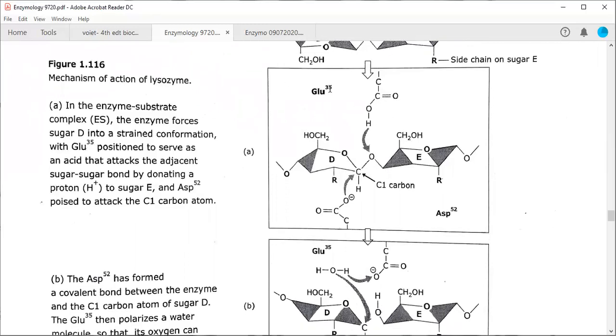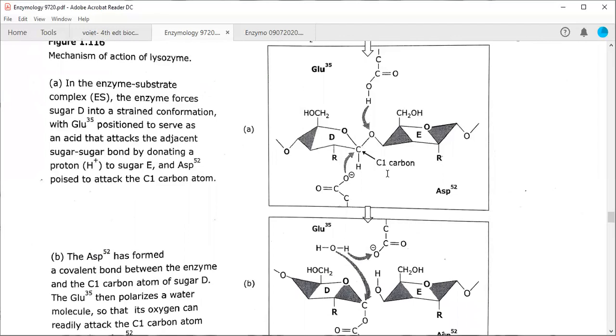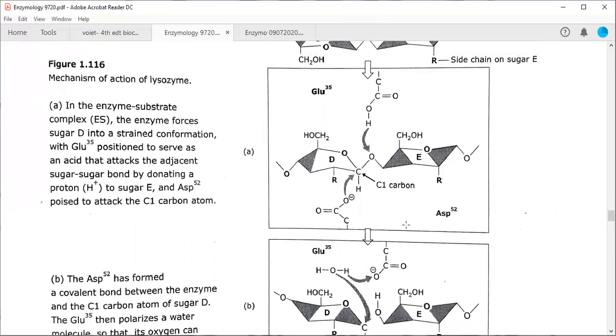So glutamate 35 will donate this proton. If it's donating, it acts like a general acid. Then aspartate 52 is going to stabilize this particular intermediate, the carbonium ion.